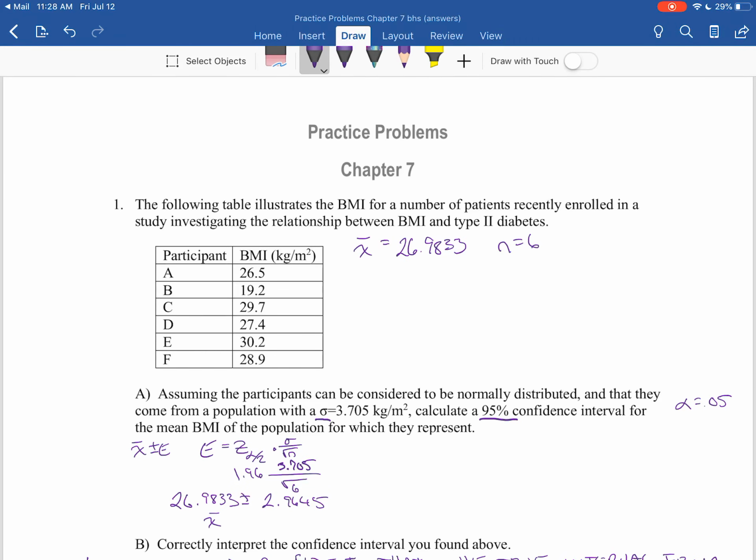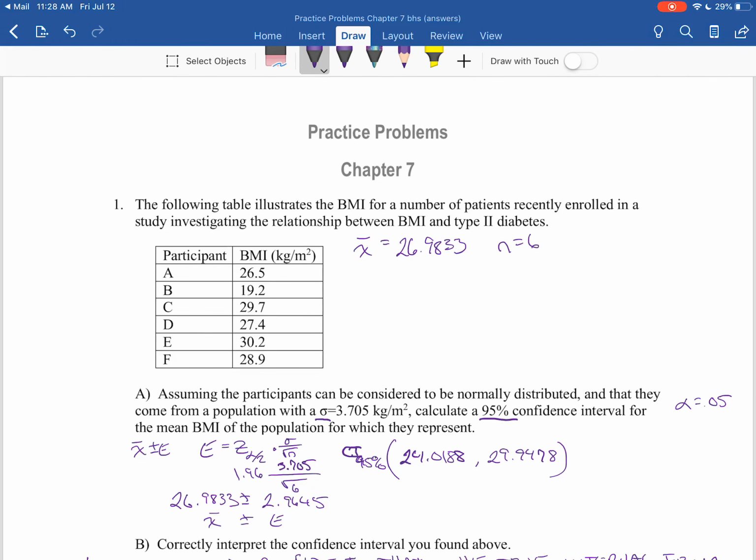So this is our x bar plus or minus our error, and we're going to get a value of 24.0188, comma, 29.9478, and this is our confidence interval for being 95% confident.